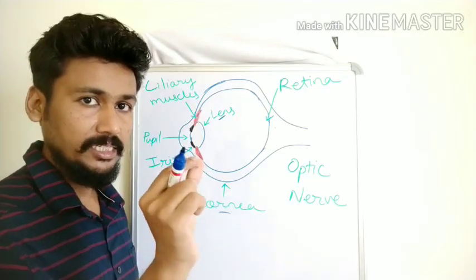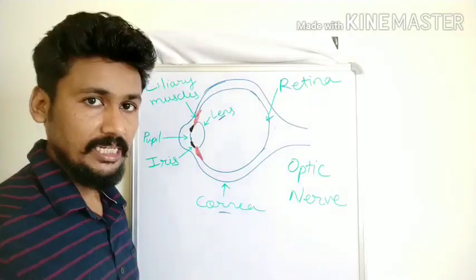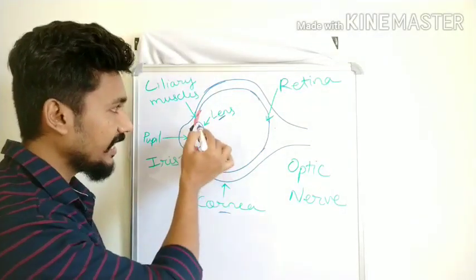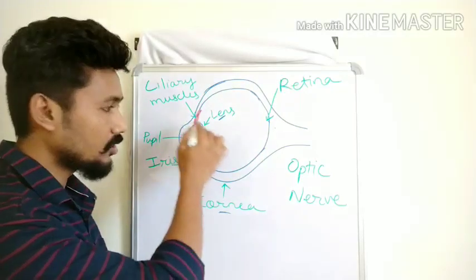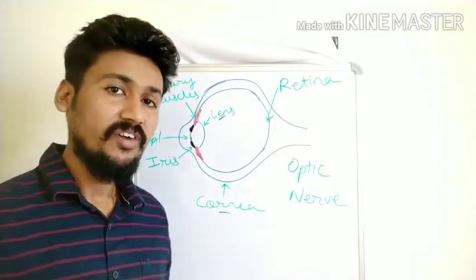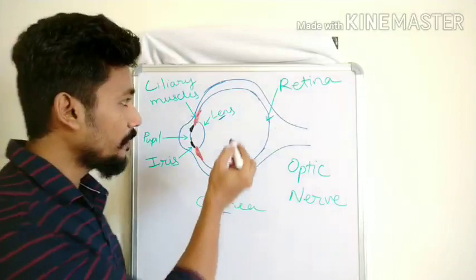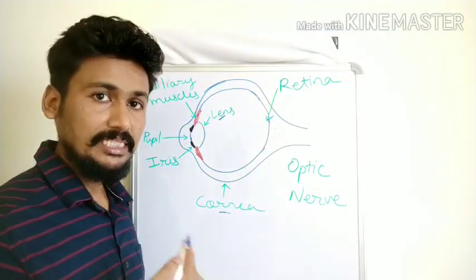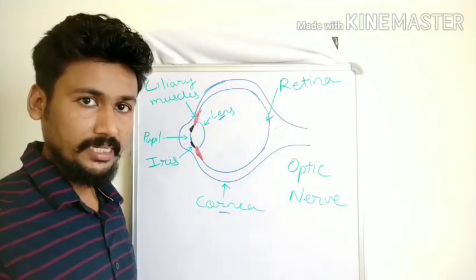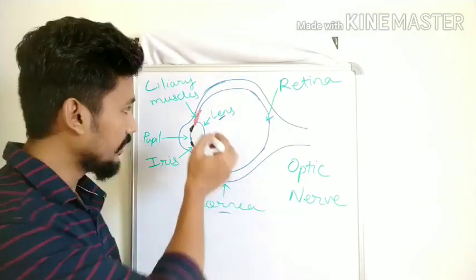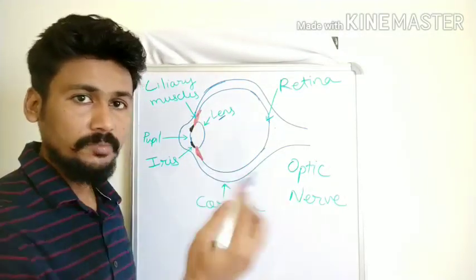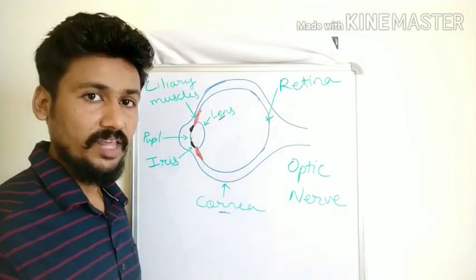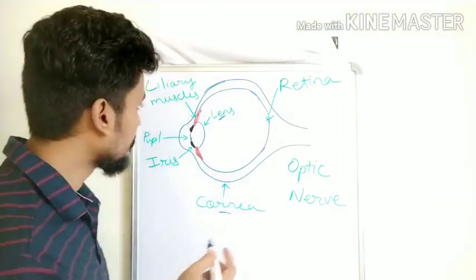Its size can change very easily. So the function of the lens is to produce real images and that is how we are able to see any object. The lens in our eye produces real images of any object that you are seeing around you and that is how we are able to see the objects, fine?